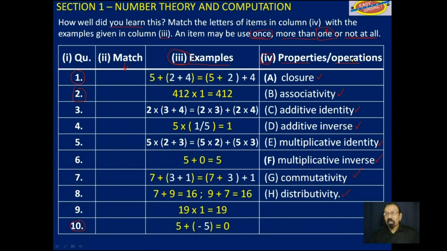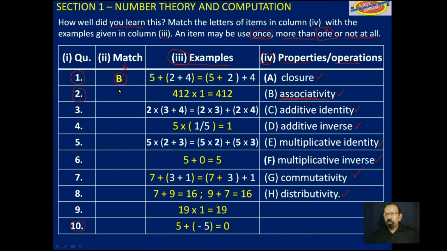Let's see. This first one here: 5 plus 2 plus 4, is that the same as 5 plus 2 plus 4? It is. But which one of these properties or operations are we dealing with? We want to put the letter here. I'm giving you some time to consider it. It is B, which is associativity.